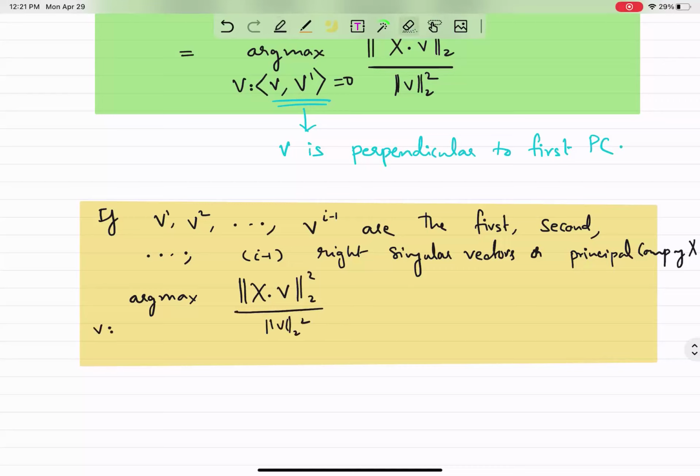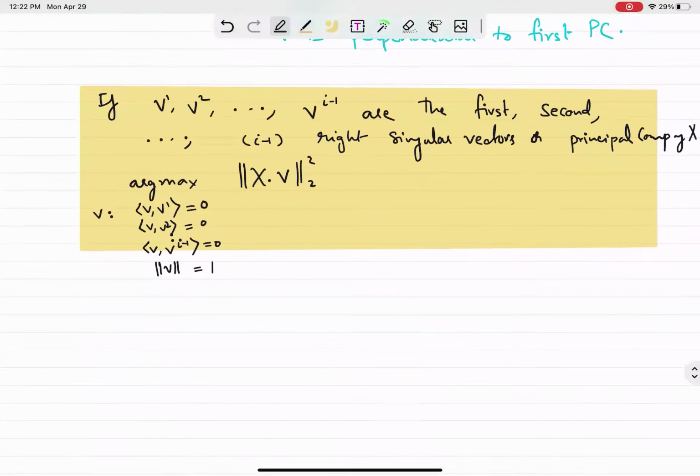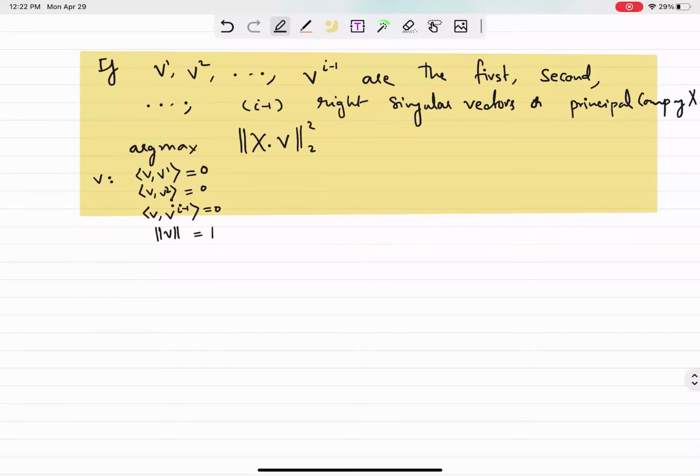Subject to, actually, we were doing, let's put the normalization right here. Okay, so I want it to be a unit vector. But more importantly, I want it to be perpendicular to all of the other principal components that you have found. Okay, at this point, it's still a definition, right? We're just defining things, and we'll later talk about how to find them.